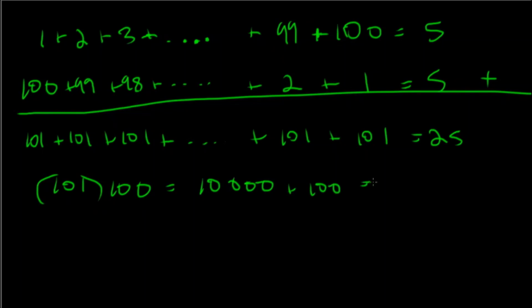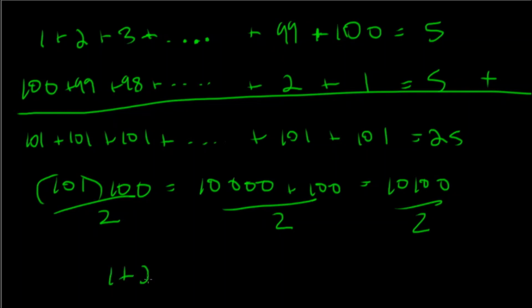So that's 10,100, and that's not the number he wants. He wants to divide all of these by 2. So he very quickly figured out that the numbers 1 plus 2 plus all the way up to 100 is 10,100 divided by 2. So what is that, 5,050?